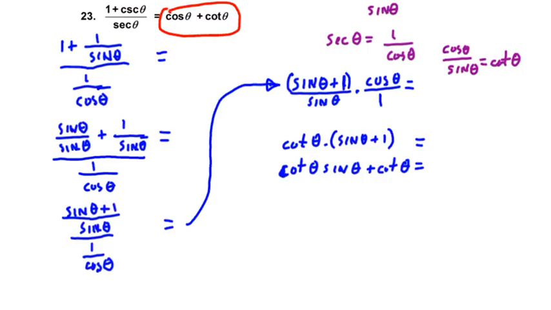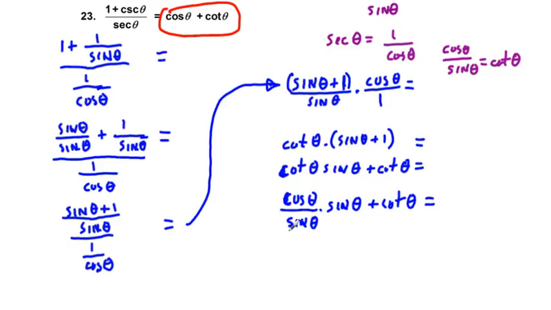But let's go ahead and take this cotangent theta and rewrite that as cosine theta over sine theta times sine theta. And we just bring down this plus cotangent theta. And then what do we know?